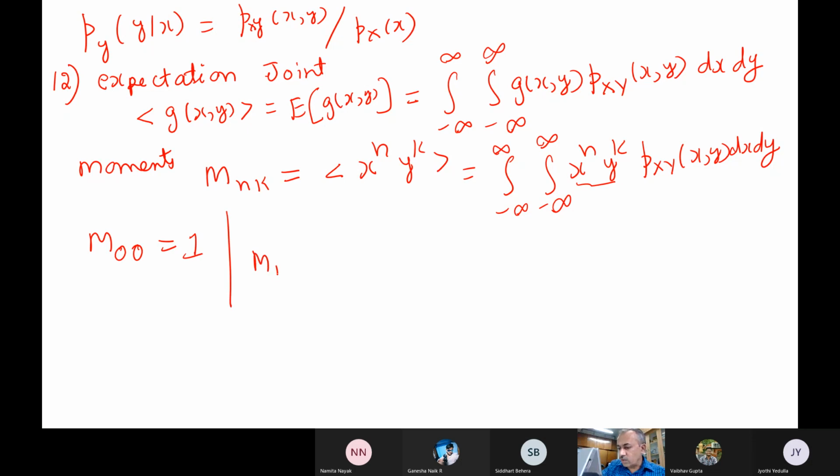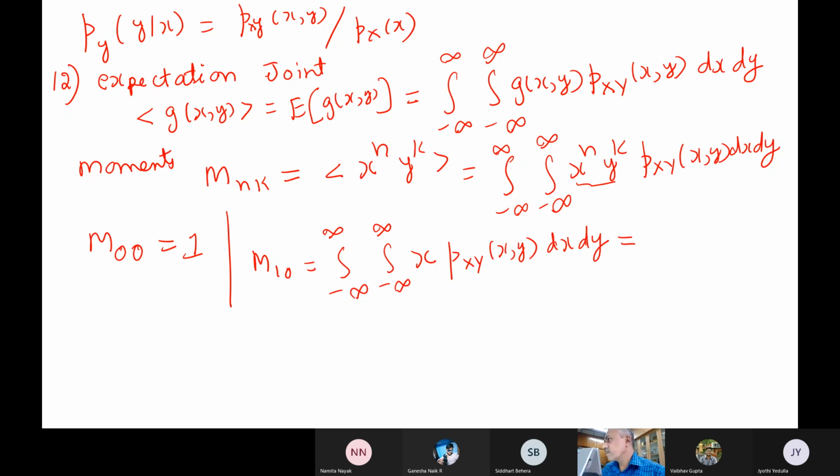Now, what is m10? It is the integral from minus infinity to infinity, minus infinity to infinity, of x to the power of 1, y to the power of 0, pxy of x comma y, dx dy. What is this value? Look at it carefully and then tell me.